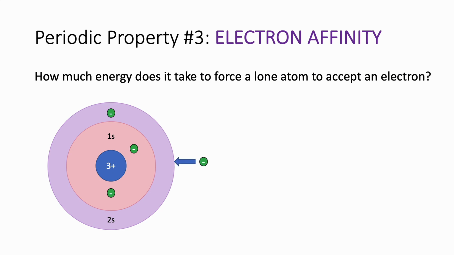So basically what we're doing is we're trying to push that extra electron into the 2s shell to give lithium 1s2, 2s2 electron configuration. This is not a natural state of affairs, and so what you have to do is you have to look at how strongly can that nucleus hold on to one more electron.